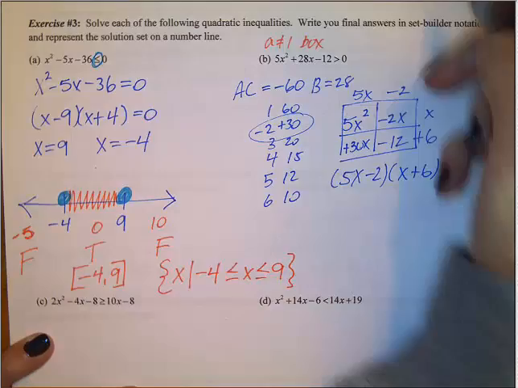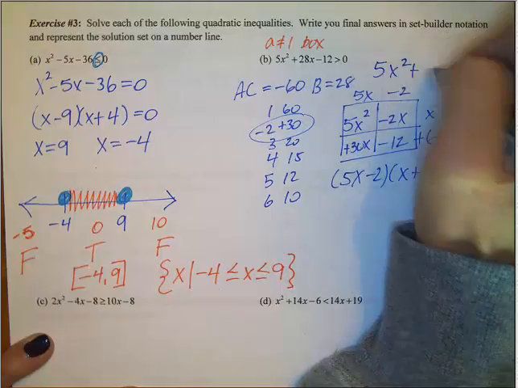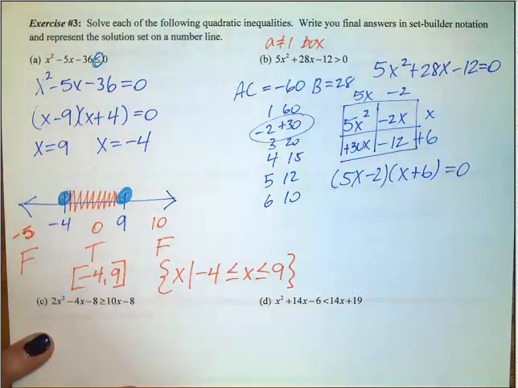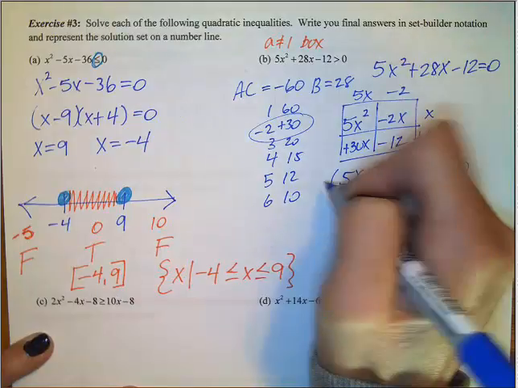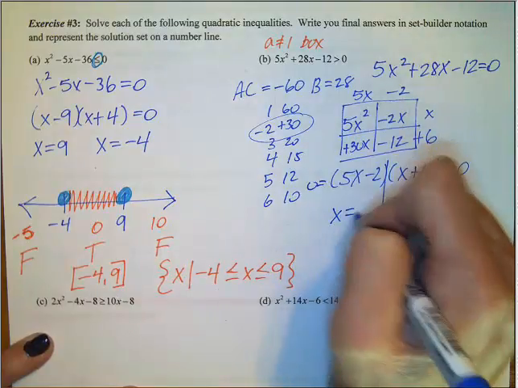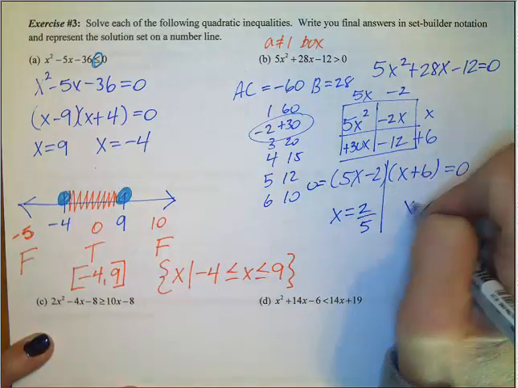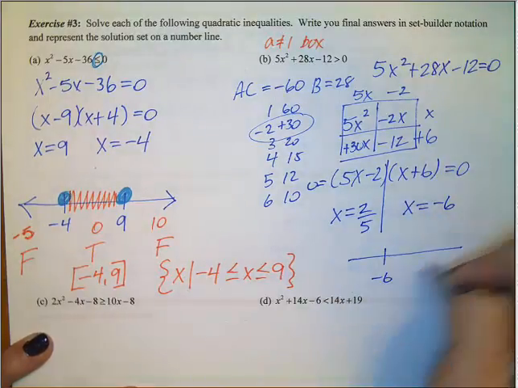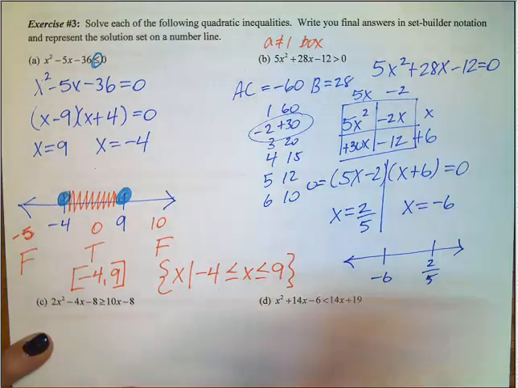Remember, you solved the equation. So now our solutions are positive 2/5 and negative 6. So on our number line, we have negative 6 and 2/5. Those are the only numbers you need on the number line.